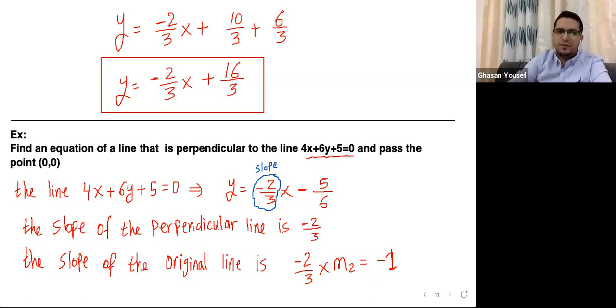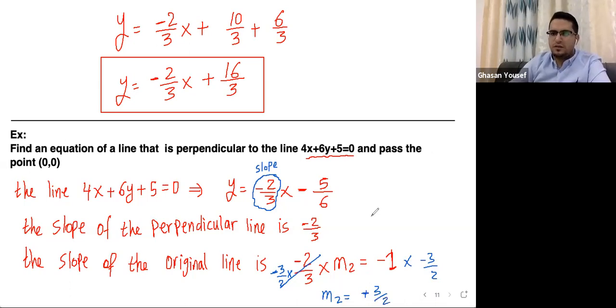Now to solve this equation, I multiply both sides by what? I multiply this by -3/2, and this by -3/2. This cancels out. I get m2 equals positive, because minus times minus is positive, 3 over 2.